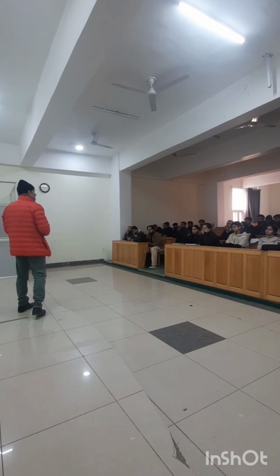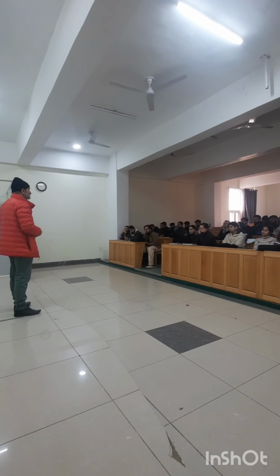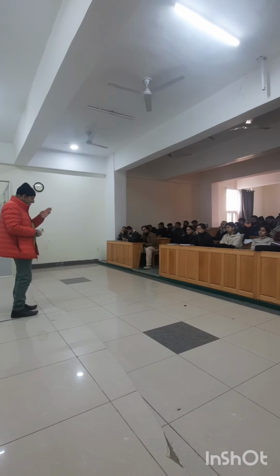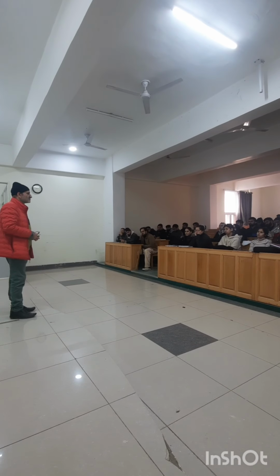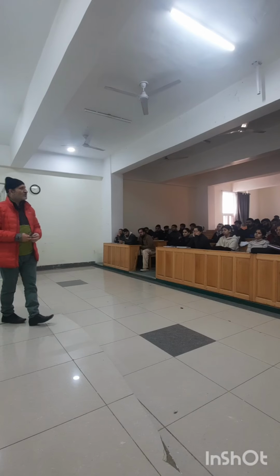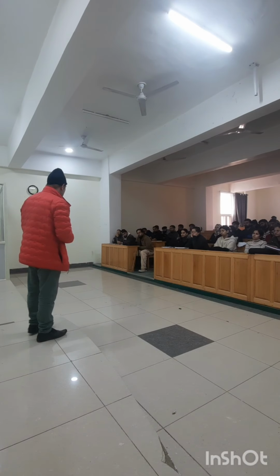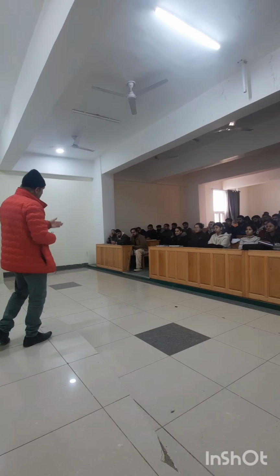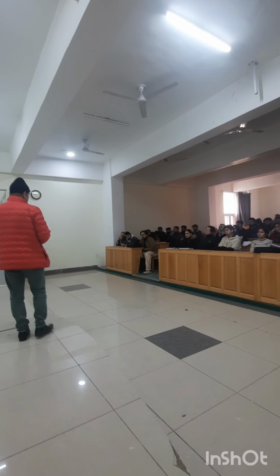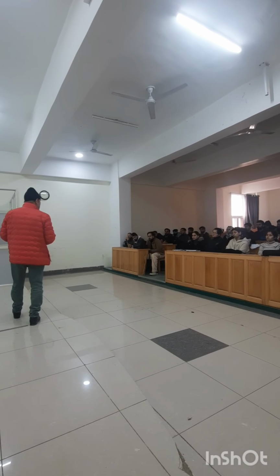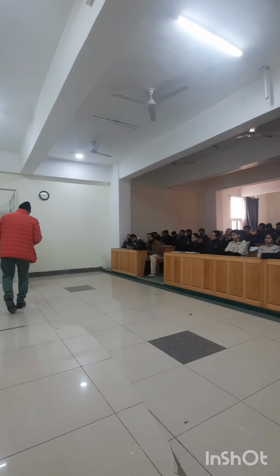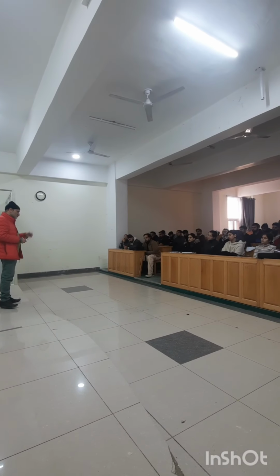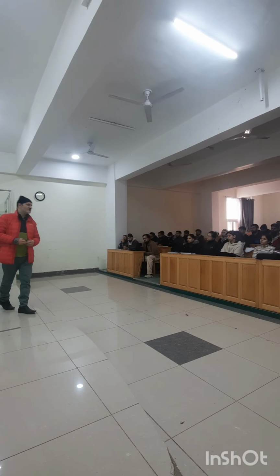Suppose it comes to 30 diopters. If the child is less than 1 year, we will deduct 40%. If the child is less than 2 years, we will deduct 20%. If the child is above 2 years, 2 to 8 years, we will deduct 10%.